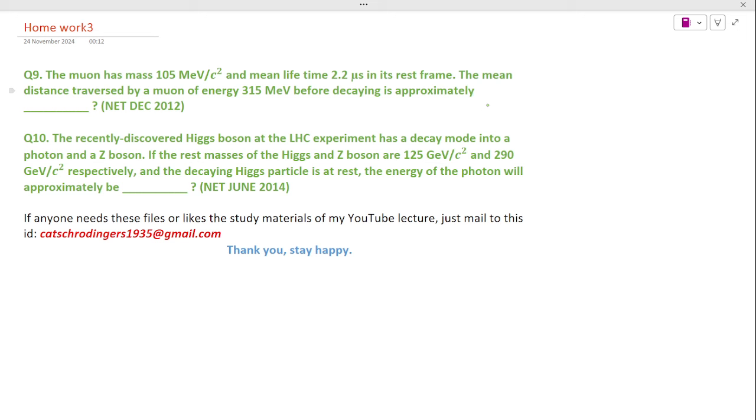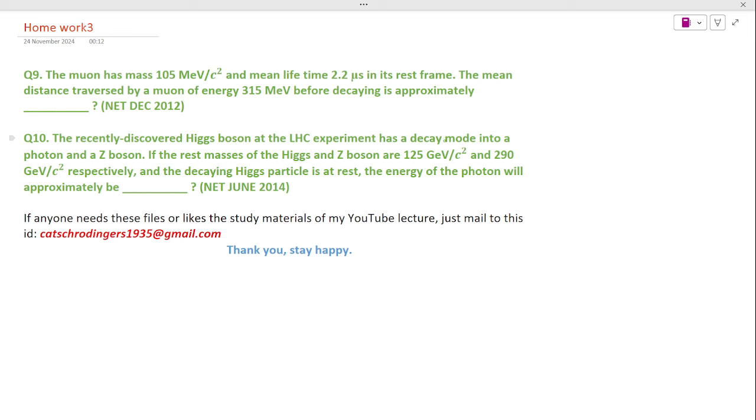And the other one: the recently discovered Higgs boson at the Large Hadron Collider experiment has a decay mode into a photon and a Z boson.